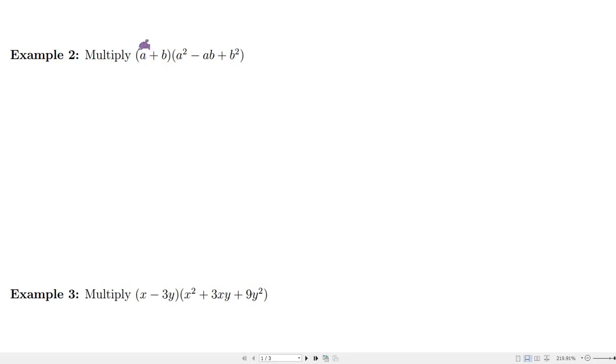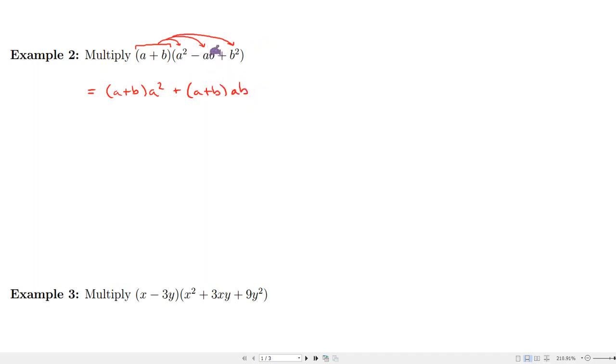So the original technique, and we have actually seen examples like this before, is to again just use the distributive property. All right, so let's do that and see what we get. So we would have a plus b times a squared, and then we will have plus a plus b times ab.